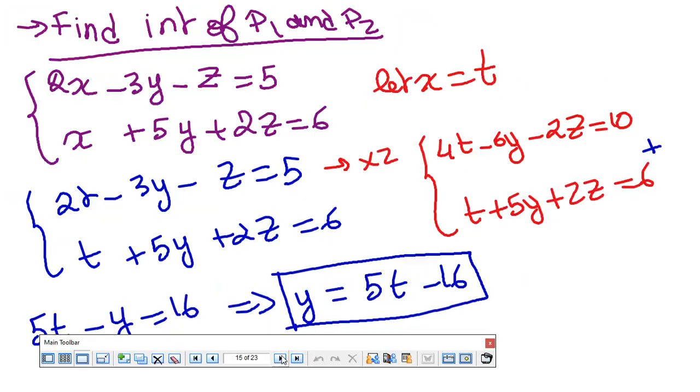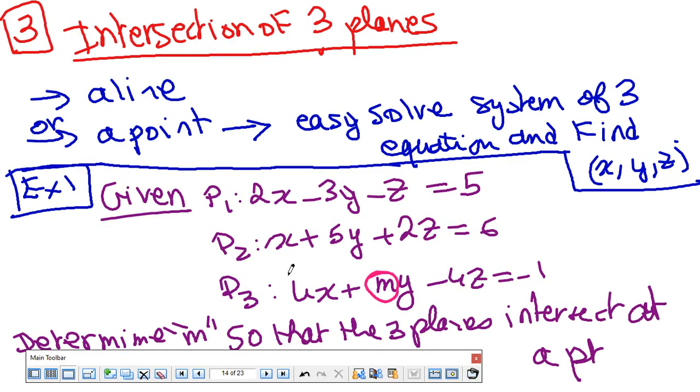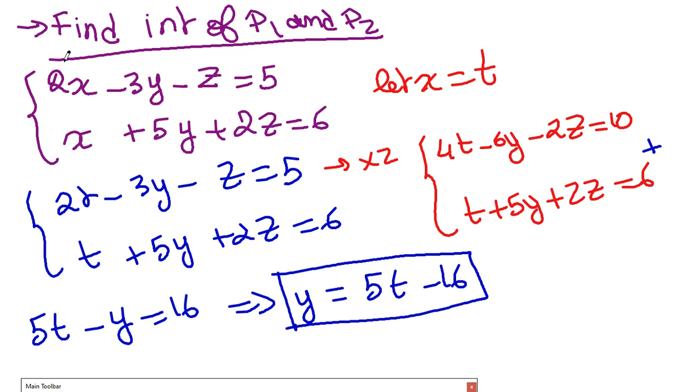So what do I need to do first? First, I will find the intersection between P1 and P2. I know that the intersection between two planes is a line. So let's find the intersection of those two planes. As I did before, I will replace x by t.